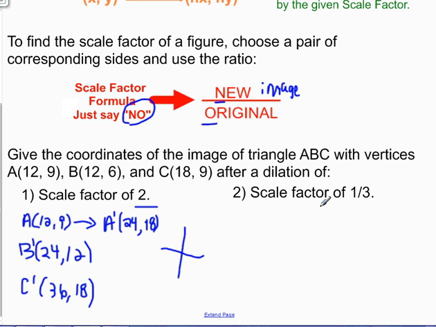What would you guess would happen with a scale factor of 1/3? If you thought it would get smaller, you're correct. It would actually reduce in size. So what I want you to do is figure out the scale factor and the image of the triangle with the scale factor of 1/3. Do number 2 here, and I'll look for it in your whisk tomorrow.